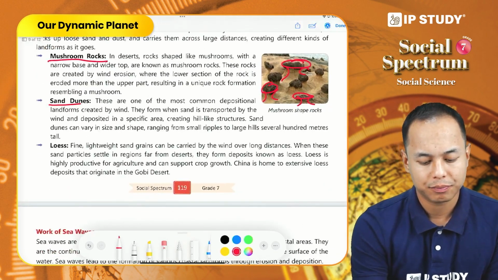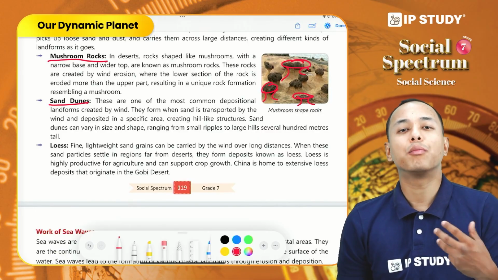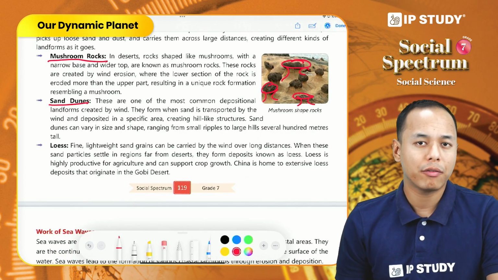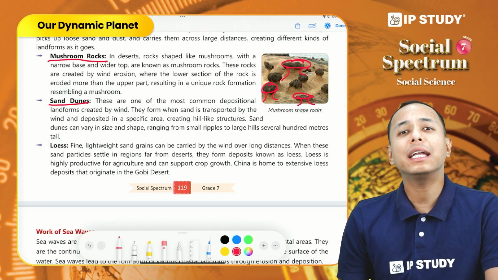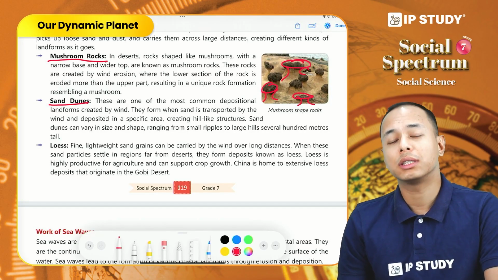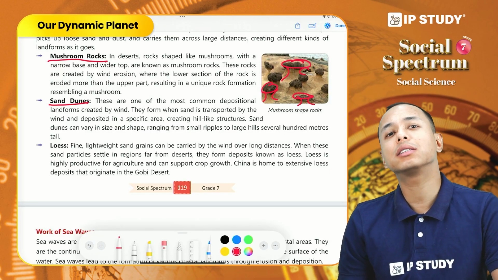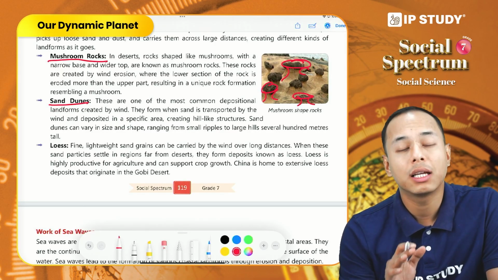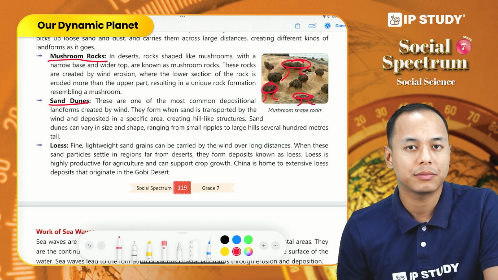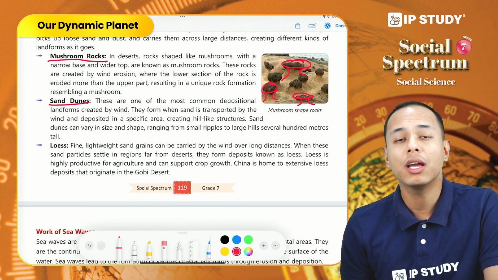Sand dunes. It is a depositional landform created by wind. So wind transports materials like sand and small rocks, and it deposits these materials in some other region, and thus forms hill-like structures, and these hill-like structures are called sand dunes.